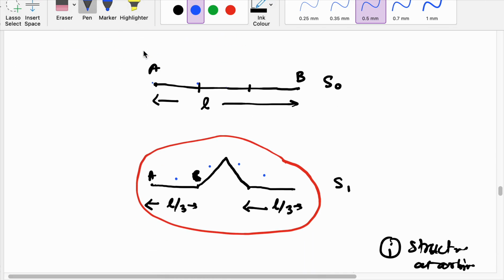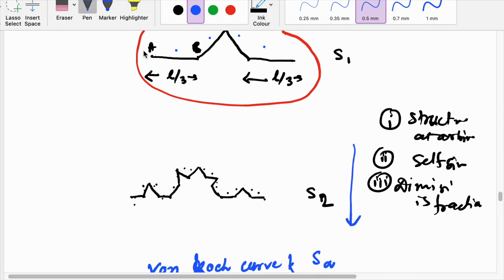This is repeatedly happening everywhere. If I take this part and reduce by 1/3, how many copies does it require? 1, 2, 3, 4. Four smaller line segments are required to fill the whole L by 3 segment.